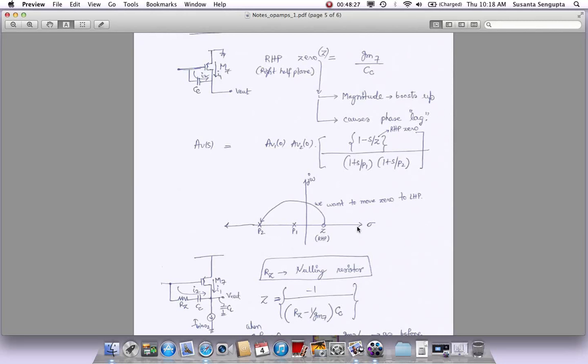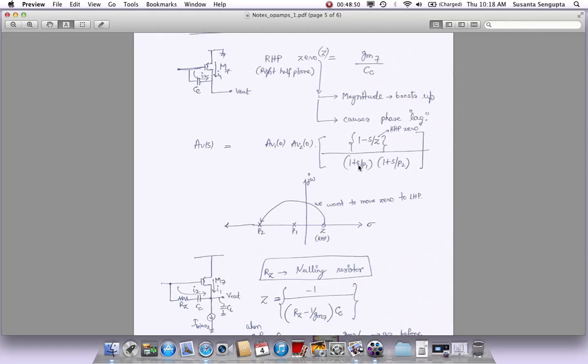So here are the two poles which are on the left half of the S plane. This point is the zero. The poles are on the left half of the S plane, but if you look at this zero, by this expression, if you solve all the circuitry, you will actually have an expression like that. So what happens to the phase? The right half plane zero is here.